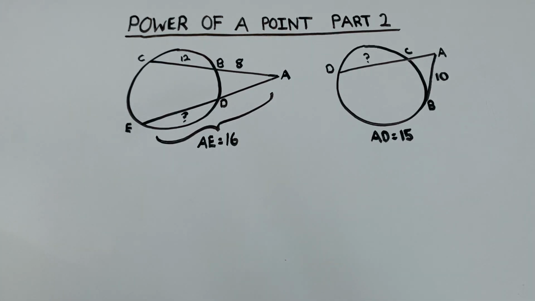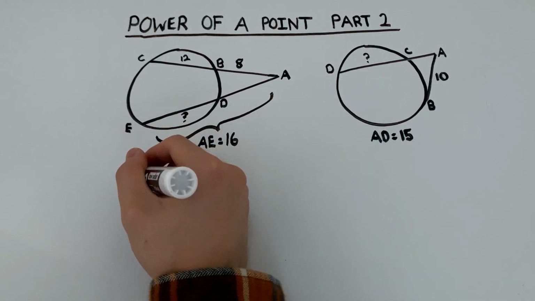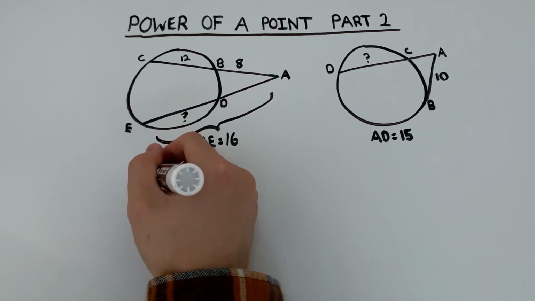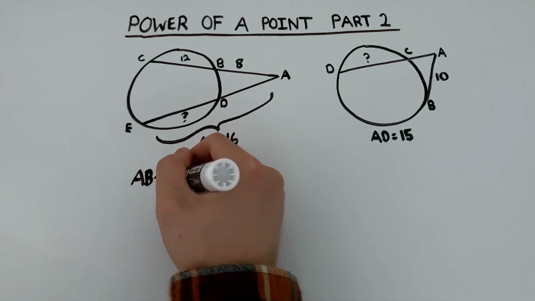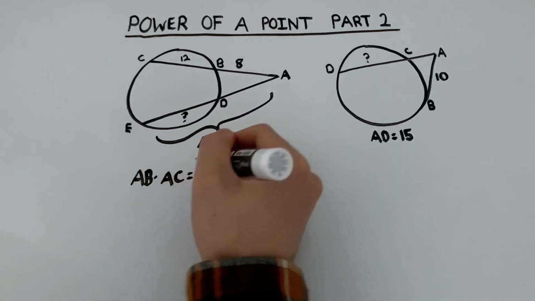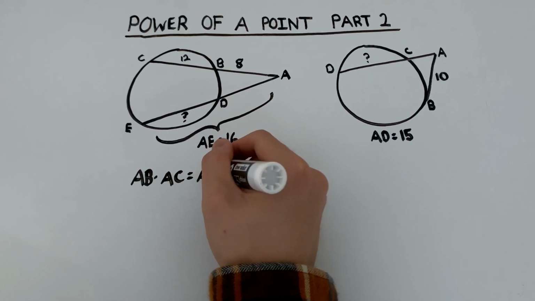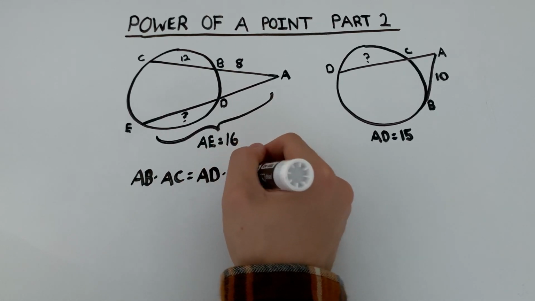So we can start off by writing the power of a point relationship using point A. So that would give AB times AC is equal to AD times AE.